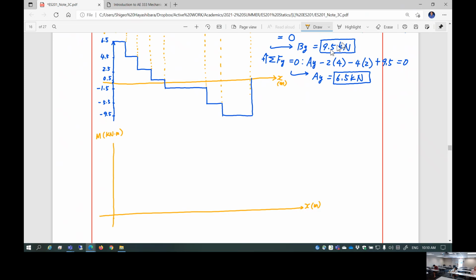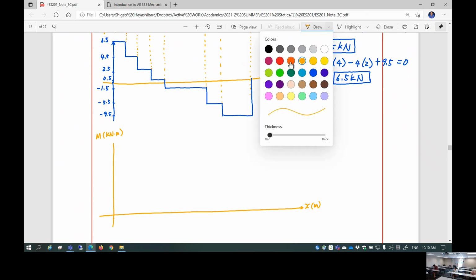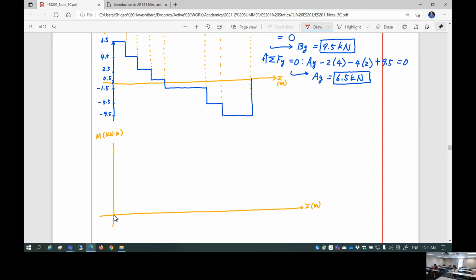Okay. Now, one thing we know, what do we know about the moment? Starting from 0, yeah, that's one thing. And then also, what can you tell about the moment out of the shear diagram? In other words, for this range, what do you know about this range? Slope is 6.5. It's very, very steep slope, fairly, okay?